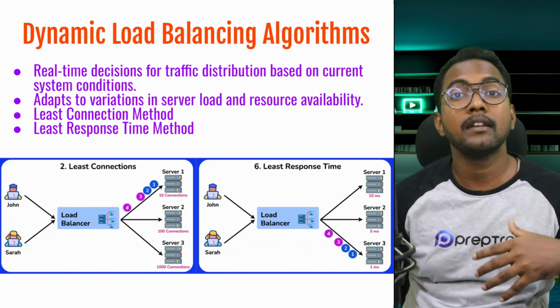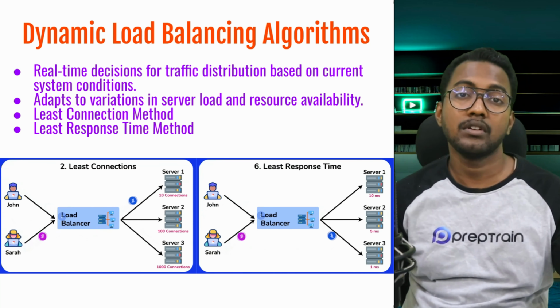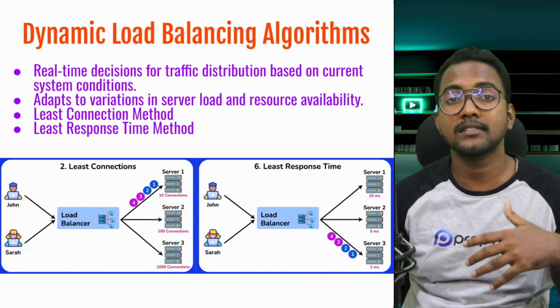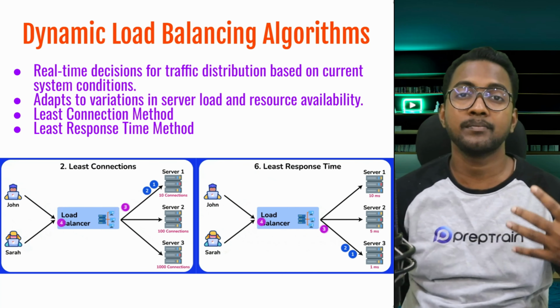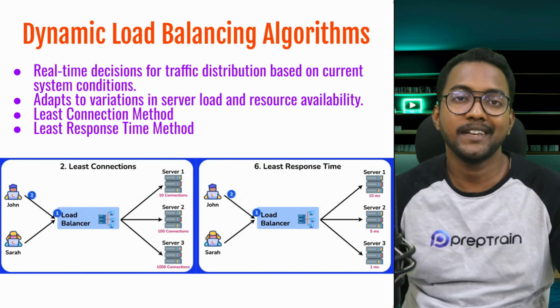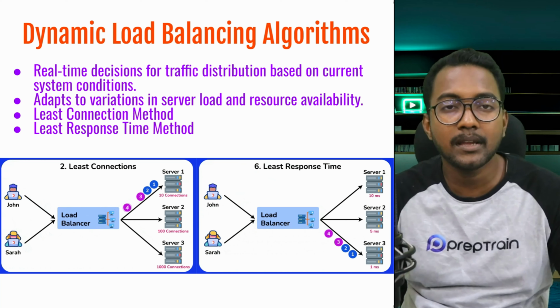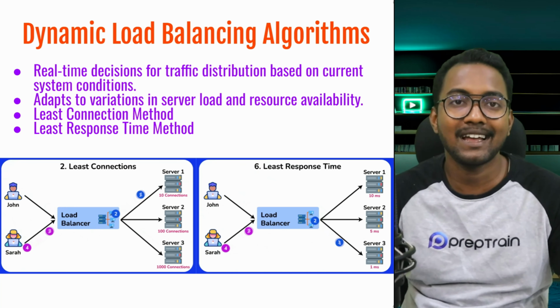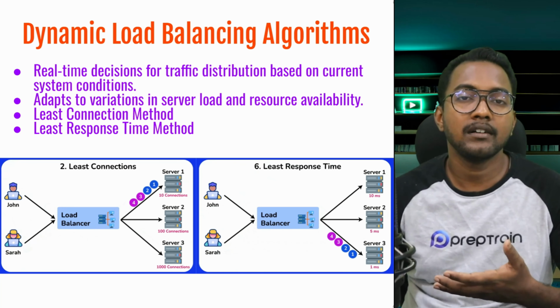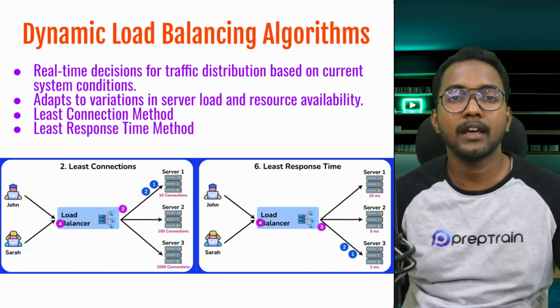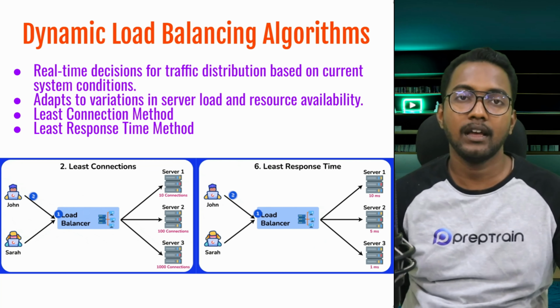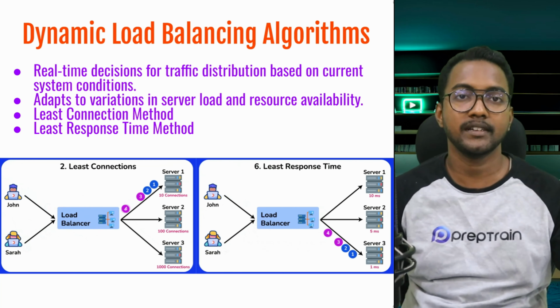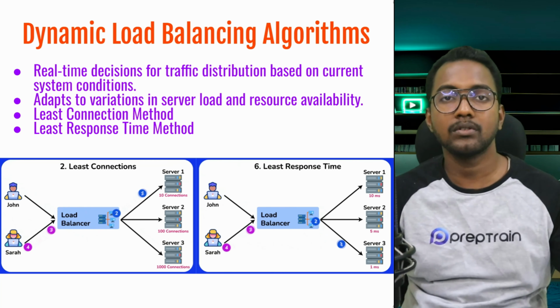We also have the least response time method. Here the algorithm directs the traffic to the server that responds the fastest. It continuously monitors response time, which includes both processing and network latency. For instance, if server 1 has a response time of 20 milliseconds and server 2 has a response time of 10 milliseconds, the next request will go to server 2.